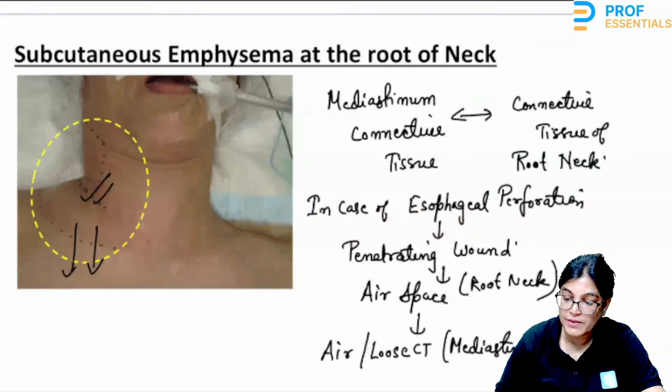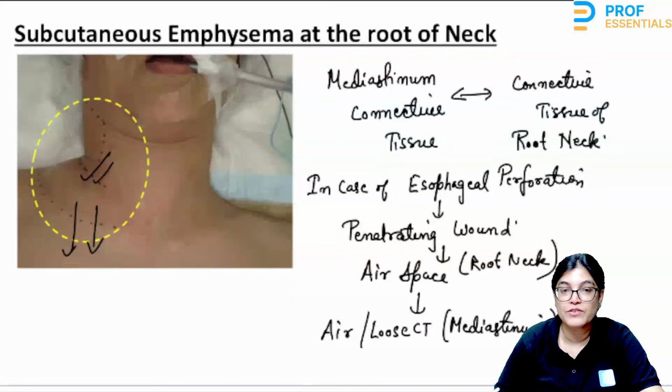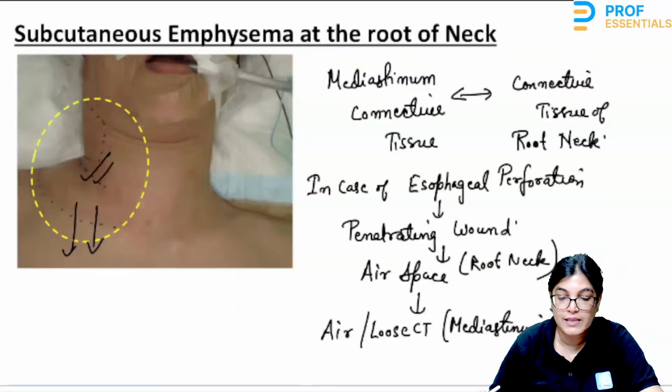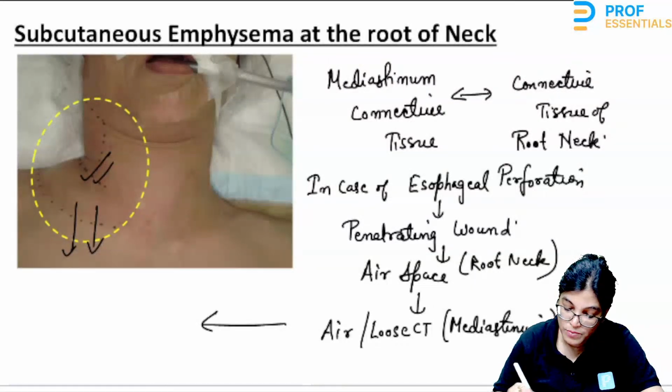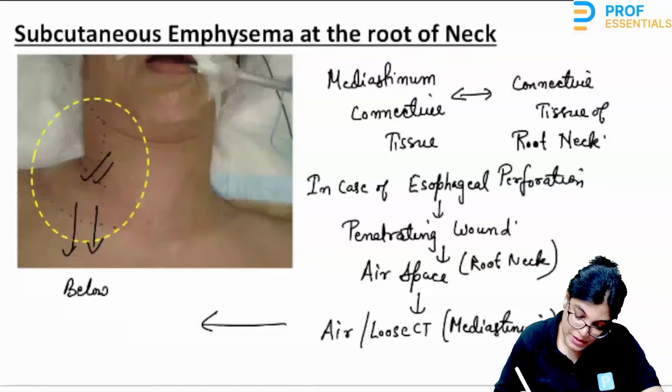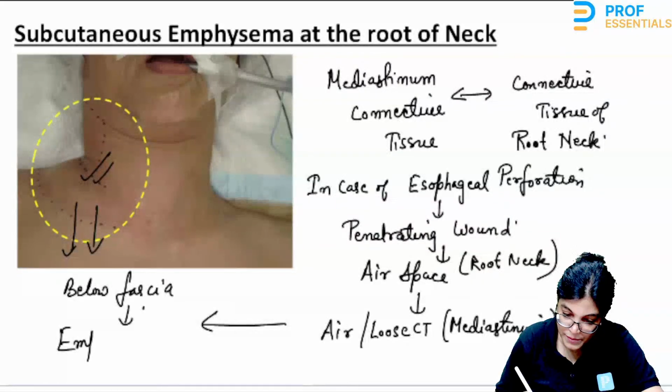These infections can be present below the fascia, below the deep cervical fascia, and they will present as subcutaneous emphysema at the root of the neck.